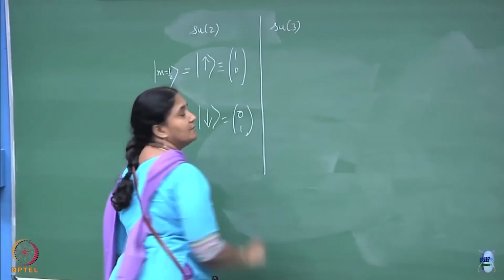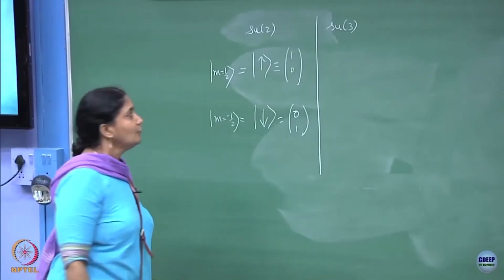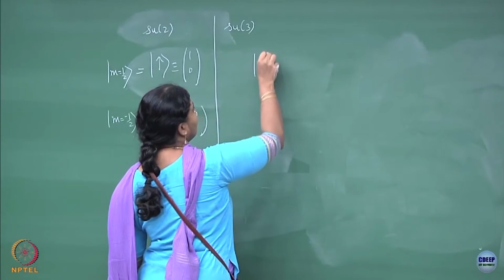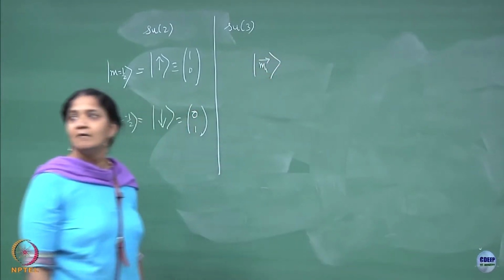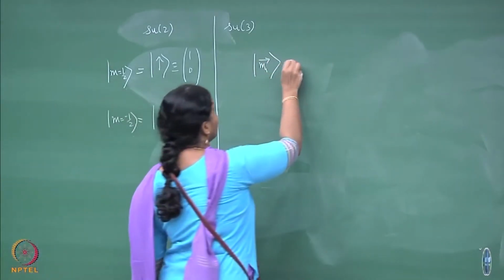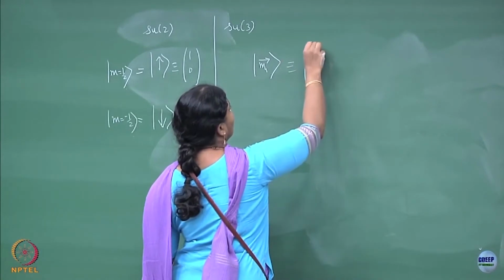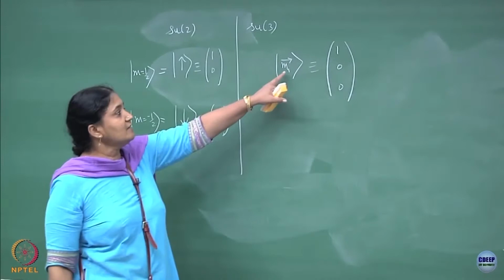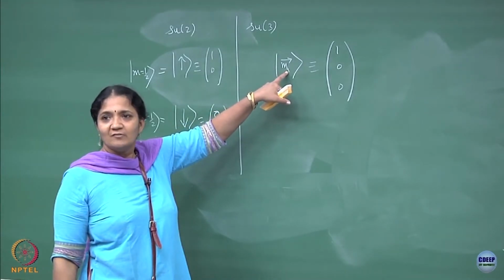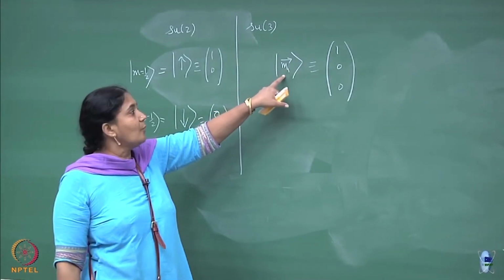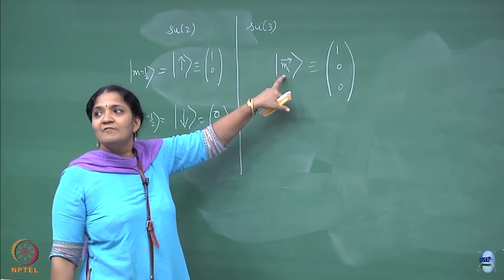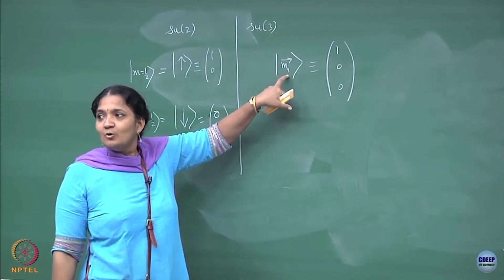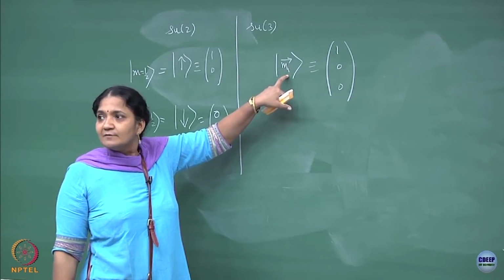SU3, you will have an m1 vector, which I am going to denote as... What is the m1 vector? It has two components. The first component will be the eigenvalue of lambda 3, the second component will be the eigenvalue of lambda 8, okay.